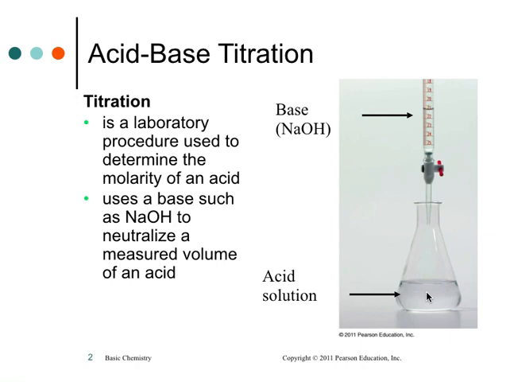So what I'm going to do is take a base and put it in a burette, and I'm going to put in a certain amount so I know exactly the volume that I have, and I know its molarity. So I have both its molarity and its volume. I know how much I have here, so I have its volume, but I do not have the molarity of the acid.